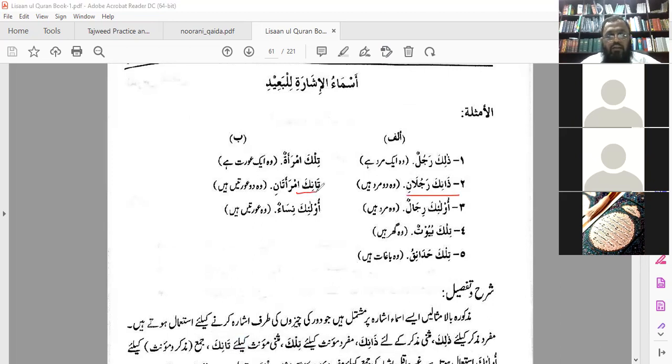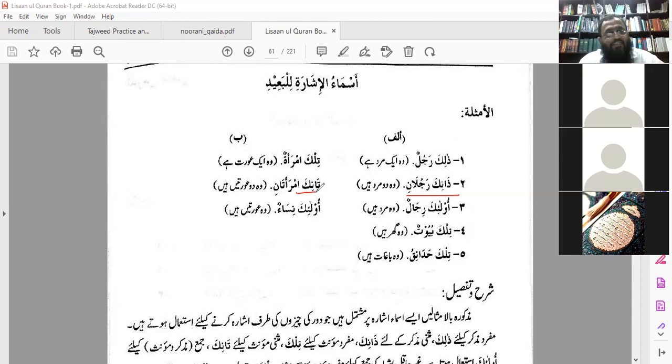Will they change? Dhanik and Tanik? Yes, they will change. Dhalik will change to Dhanika, and Tilka will change into Tanika.